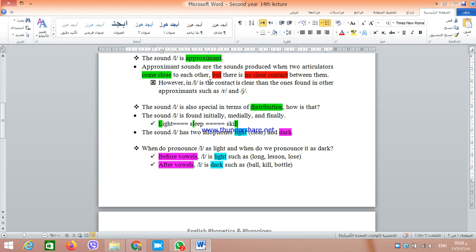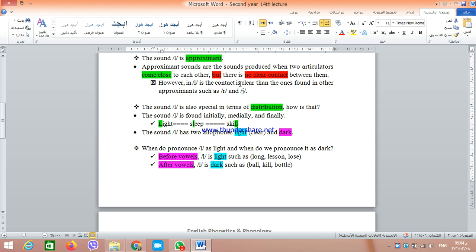However, in la, we have contact, but this contact is not a complete one. So we have approximant sounds like ra, we are going to explain it later on. We have ya, ya, ya. Again, we have approximation between two articulators.